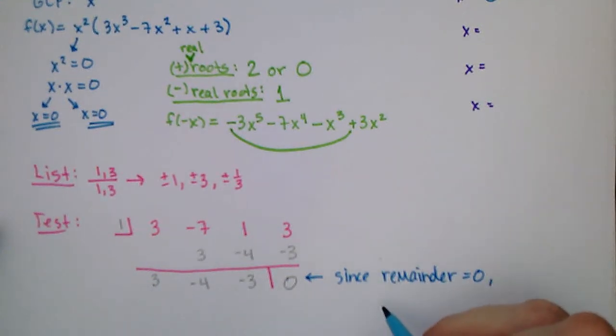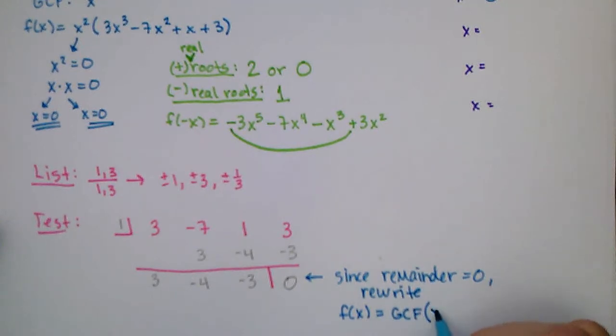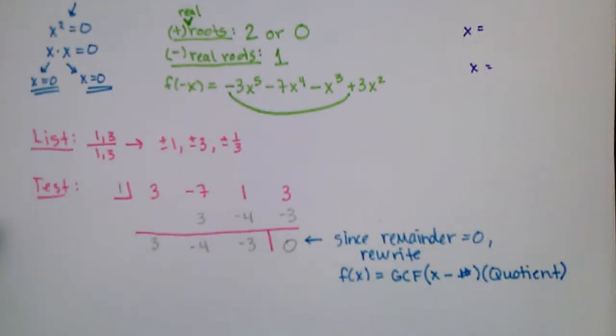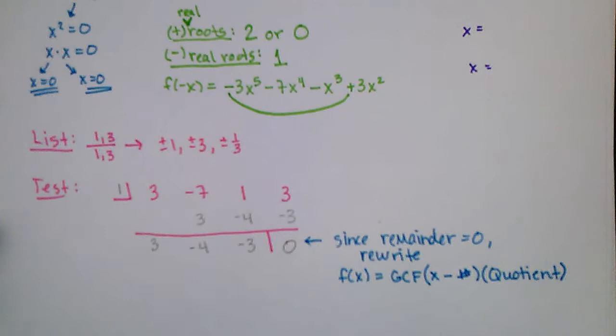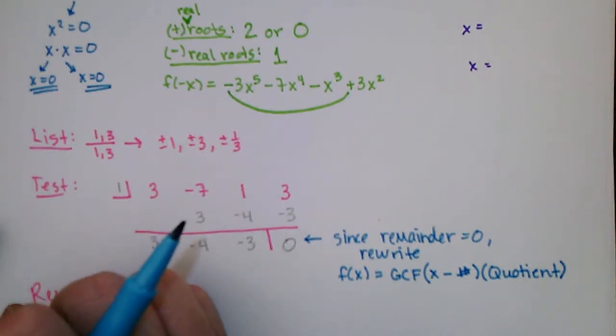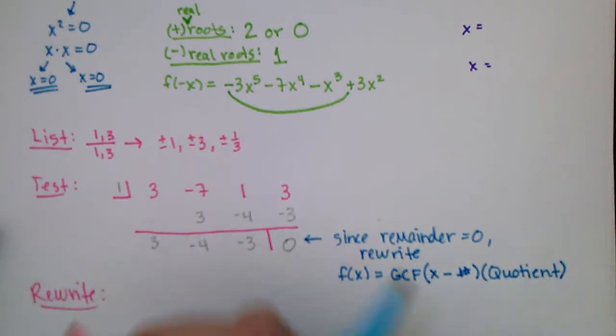we are going to rewrite my function as my GCF times x minus my number times my quotient row. So I will take my function, and I'm going to rewrite it. So list, test, rewrite.